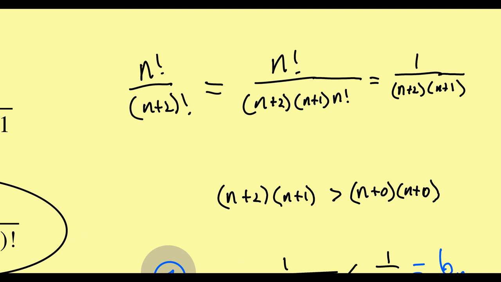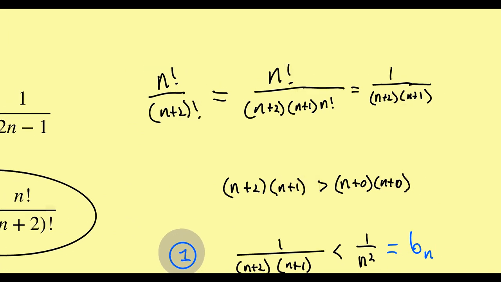We need to find a sequence that is larger term by term. All right, so set this up. If we have n plus 2 times n plus 1, that's going to be bigger than n plus 0 times n plus 0. But n plus 0 times n plus 0 is n squared.